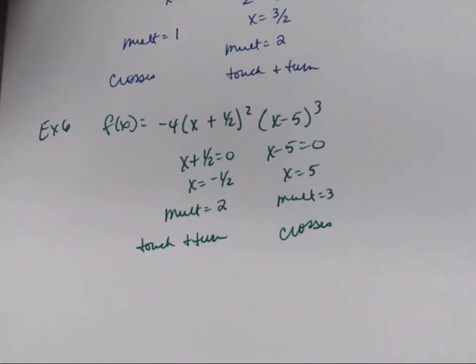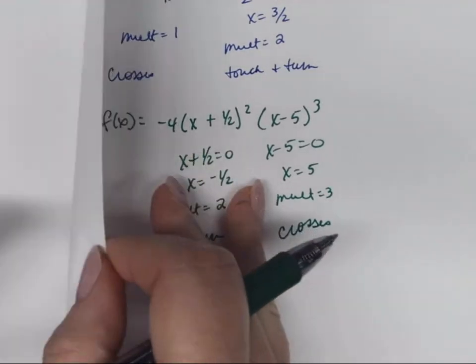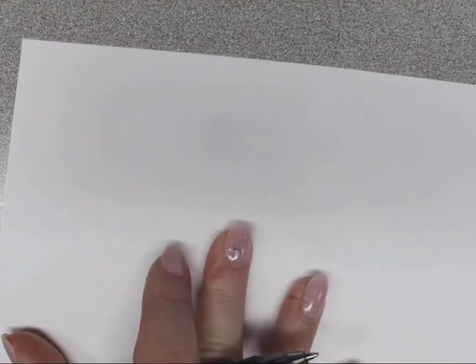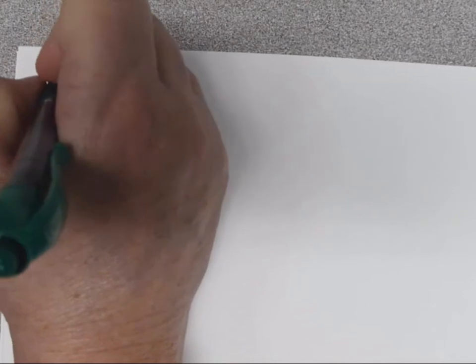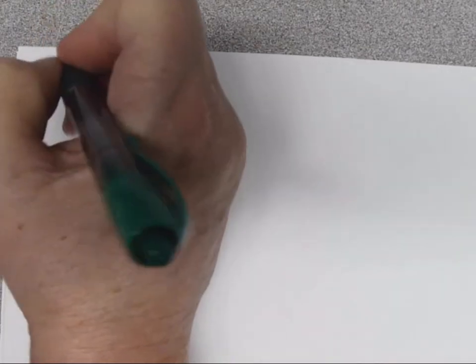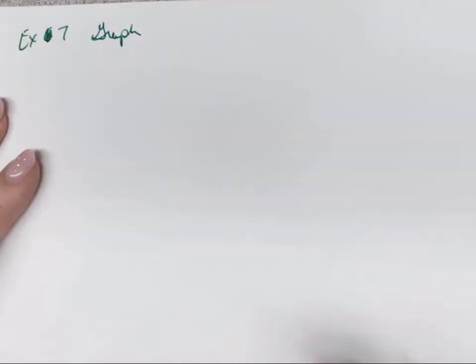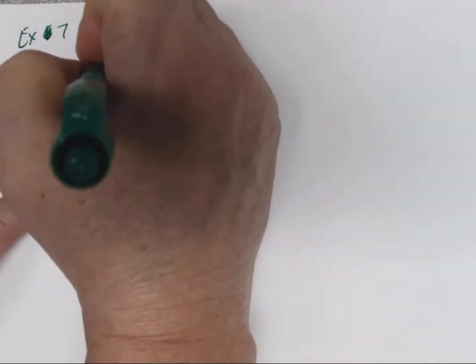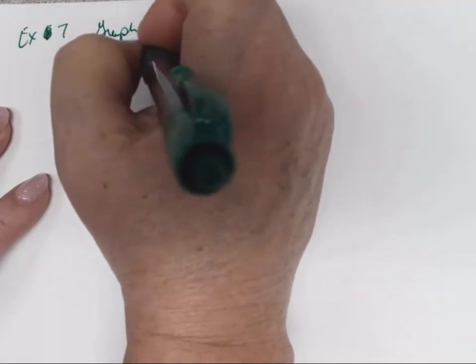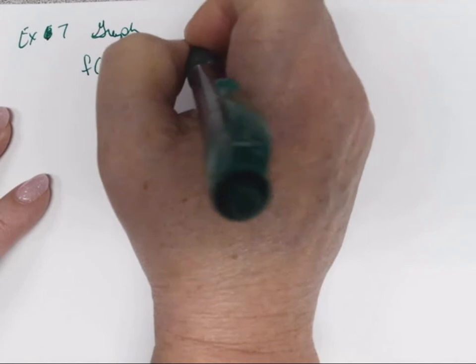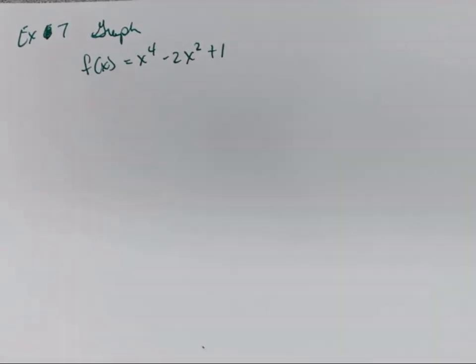All right. So we're going to move to a new sheet because we're going to have to do several steps. So this will be example 7. So example 7, we're actually going to graph a polynomial function. All right, so we are going to graph f of x equals x to the 4th minus 2x squared plus 1.